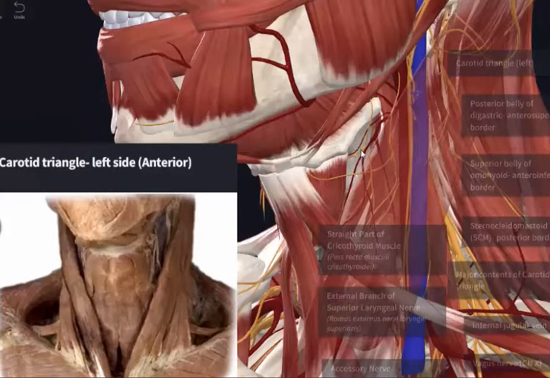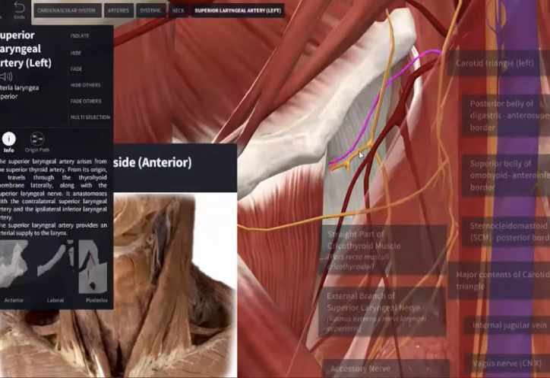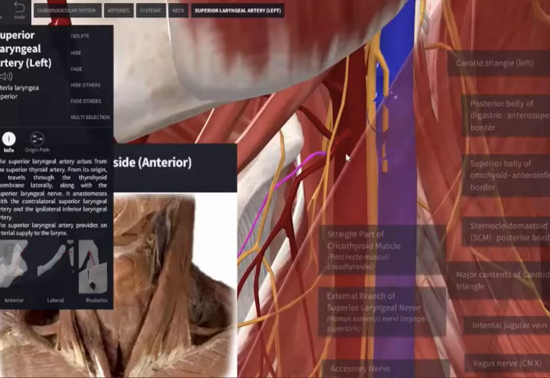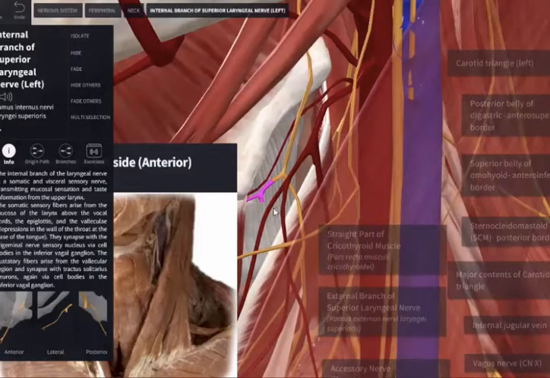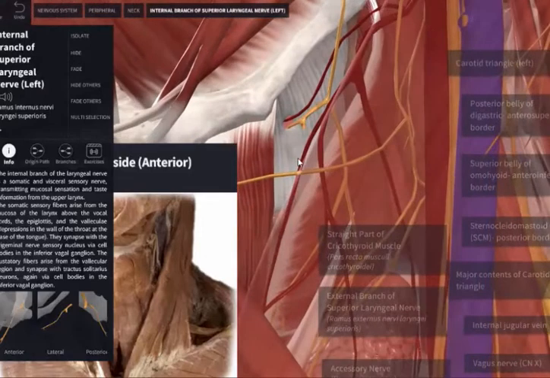This small artery that we can see here is called the superior laryngeal artery, and usually this artery will be a branch off of the superior thyroid artery, which in turn is a branch off of the external carotid artery. And here's the internal branch of the superior laryngeal nerve. Some also call it the internal laryngeal nerve.